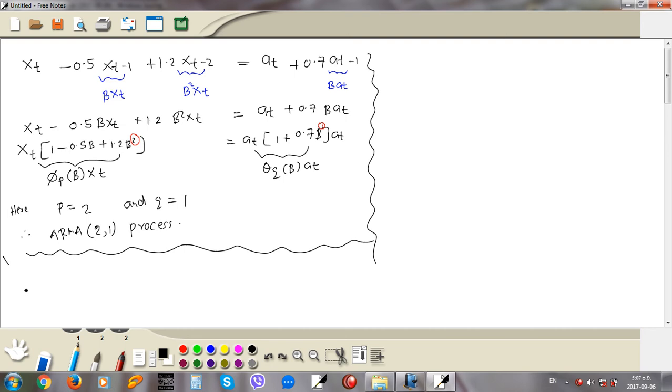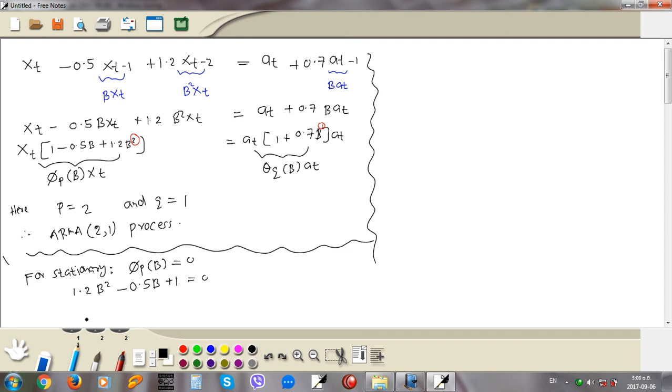So the next thing is we have to check for stationarity. For stationarity, we set the autoregressive part equal to zero: φp(B) = 0. So what is φp(B) here? This one. This is a quadratic equation, so I can write it this way: 1.2B² - 0.5B + 1 = 0.